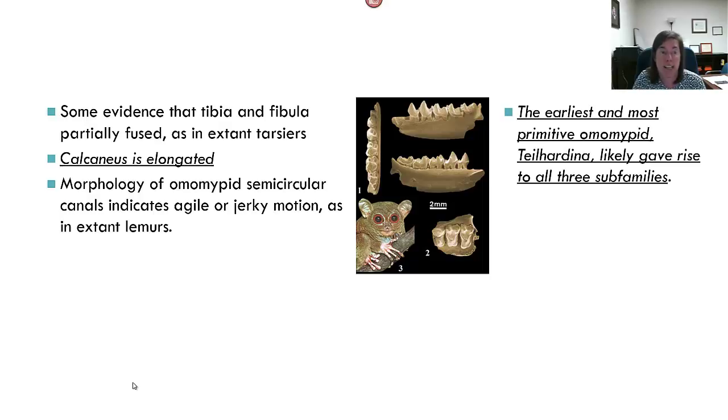We note that the calcaneus is also elongated, and the morphology of the Omomyoid semicircular canals indicates agile or jerky motion, as in extant lemurs, the constant leaping. And so you need your semicircular canals to handle that constant rapid motion. It's probable that the earliest and most primitive Omomyoid, Teilhardina, probably gave rise to all 3 subfamilies.